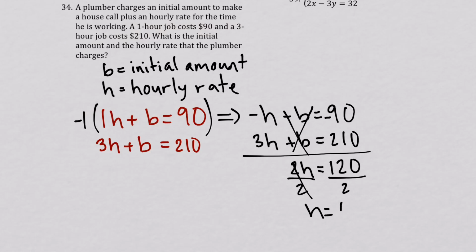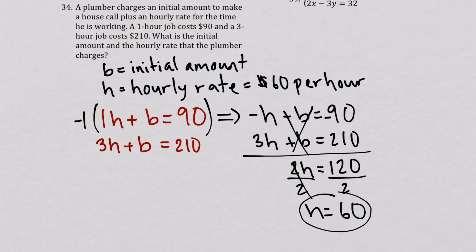H is 60. What does that number represent? H is the hourly rate, so he charges $60 per hour. We also need to figure out what the initial amount is, so we're going to take this H equals 60, go back to either one of the original equations and substitute it in.